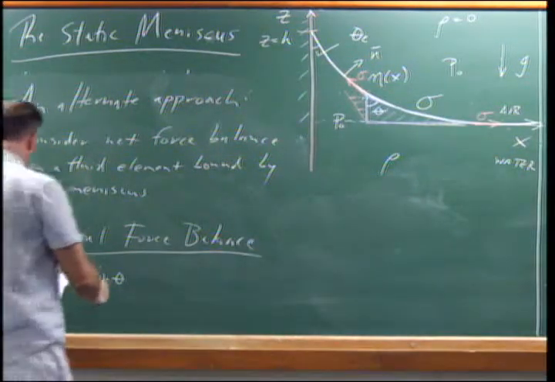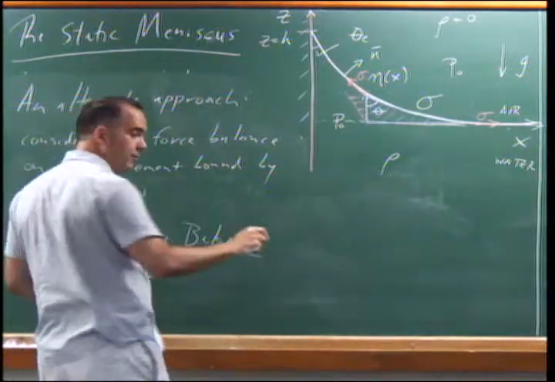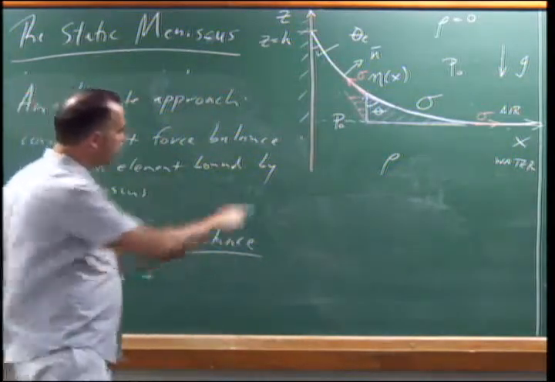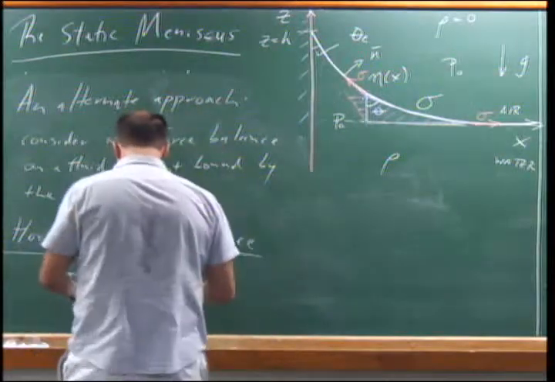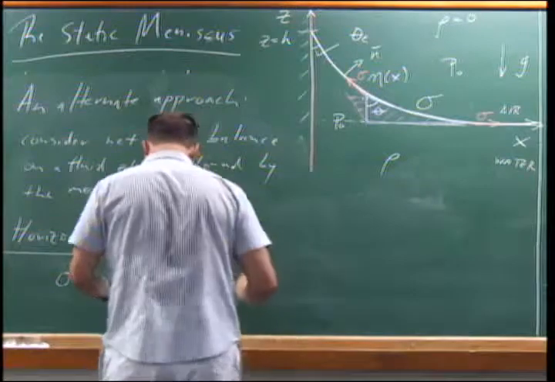Okay, so we can get the net contribution there just by integrating rho g z from 0 to nu. You do that and you get one half rho g nu squared.